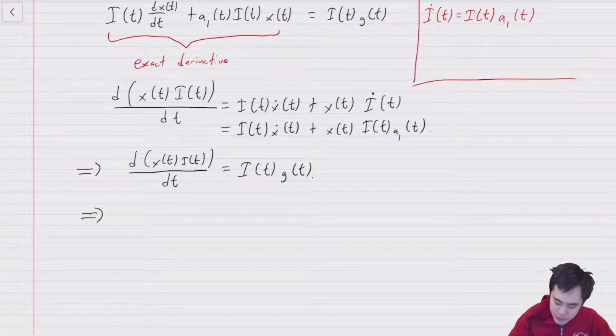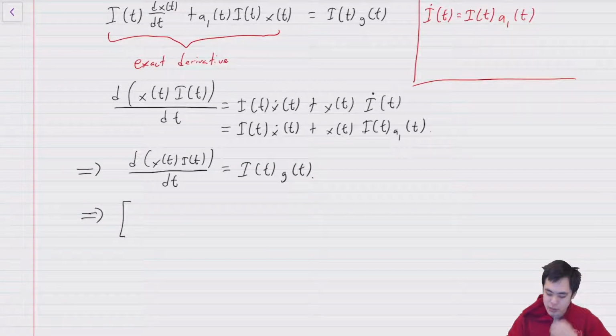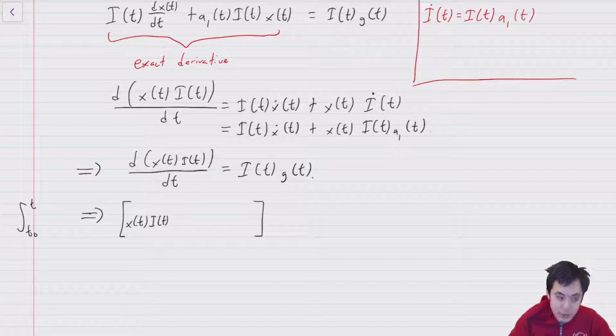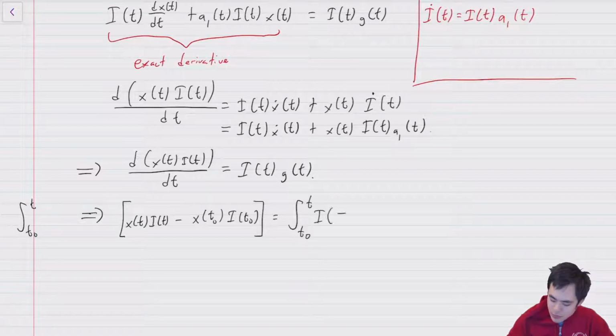We take the integral from t0 to t of both sides. Since it's an exact derivative to begin with, the left side becomes x(t) I(t) minus the lower limit term, x(t0) I(t0), which equals the integral from t0 to t of I(tau) g(tau) d tau. I'm changing variables here because otherwise things will get confusing.